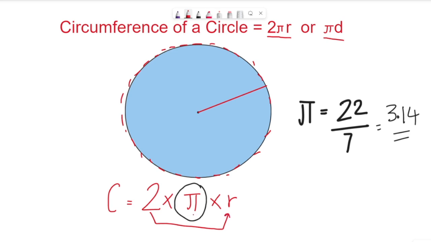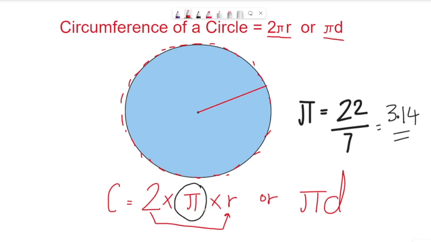You are actually doubling your radius to find the circumference. But if you directly have the diameter, you don't need to double your radius. You will just do pi times diameter. So it depends on what you are given in the question. If they give you radius, use 2 pi r, or double the radius and multiply it with pi, or if you have diameter, multiply it with pi directly.